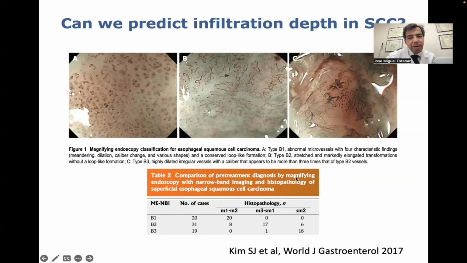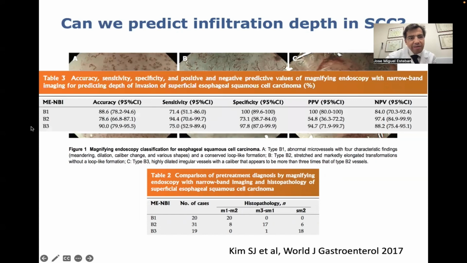There is a paper published in 2017 comparing using this and using NBI. For B1 the sensitivity is 71% with specificity of 100%, B2 94% with a specificity of 73%, and B3 sensitivity of 75% and specificity of 97%.